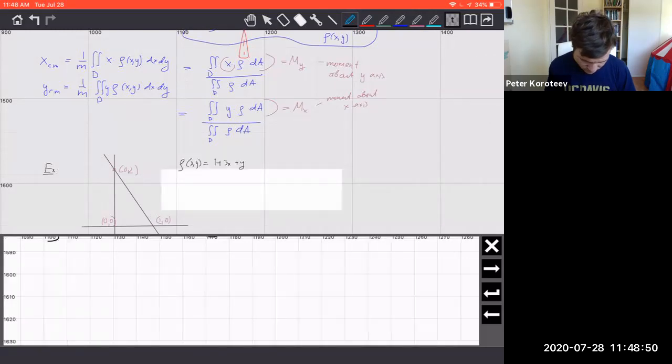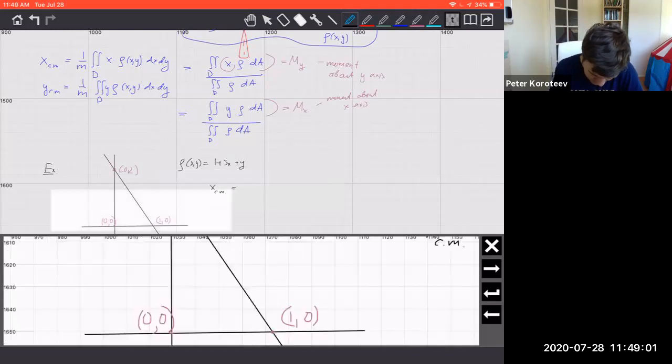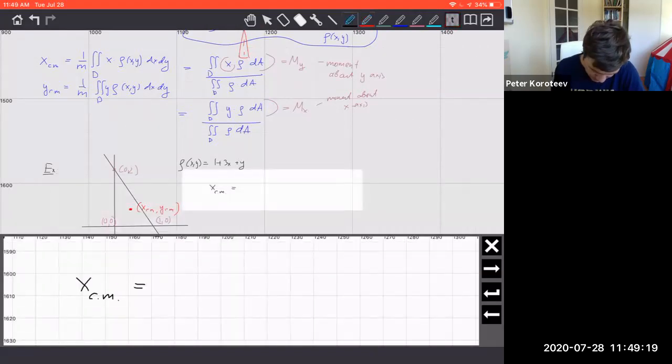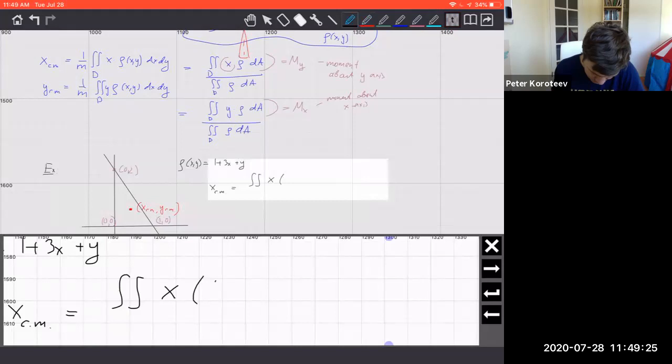By our formula, in order to find the x coordinate of the center of mass, you would integrate this integral over x times 1 plus 3x plus y dx dy.